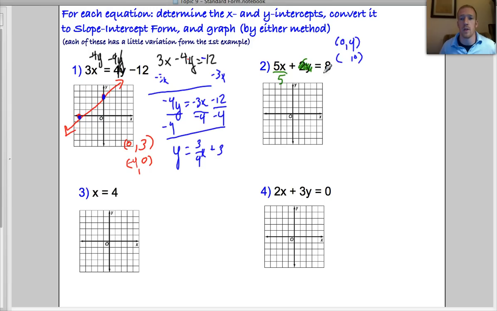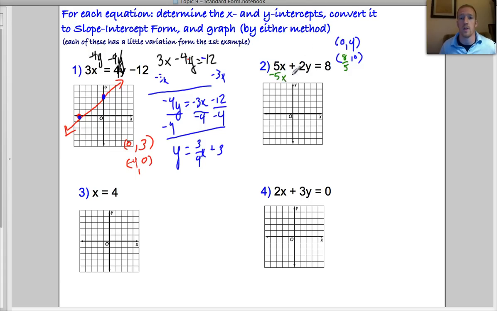I get 5x equals 8, so x equals 8 over 5. So that's my intercept here. That's not a very easy one to graph. So I did find my intercepts, and I'm in standard form, but 8/5 is kind of hard to graph. So this is when it's a good idea to be able to get into y-intercept form, or slope-intercept form.